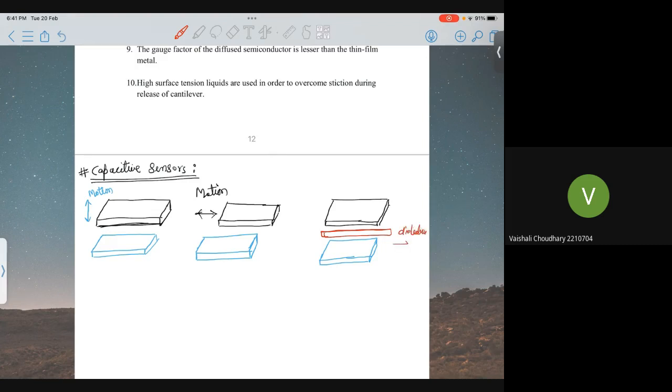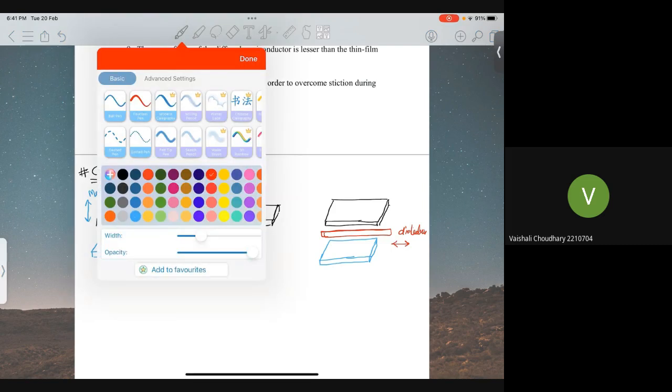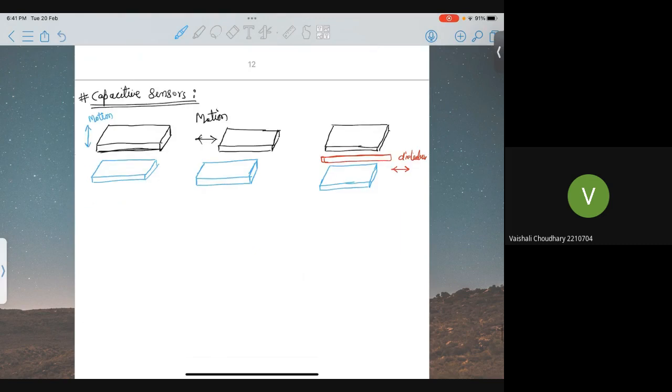So we can form a capacitive sensor using these three mechanisms, because you know the formula of capacitance, which is C is equal to A epsilon naught by D. So we can vary the distance, which is case A. We can vary the area, case B, and we can change the dielectric.